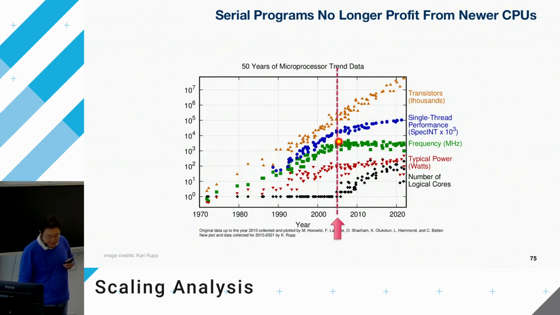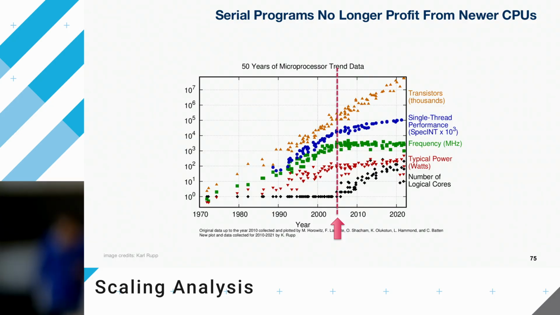But nowadays, because of fundamental physical laws, the number of transistors can still increase, but the single thread performance is not really increasing a lot. Frequency is also roughly the same as, let's say, 20 years ago. And a significant change is here, the number of CPU cores.